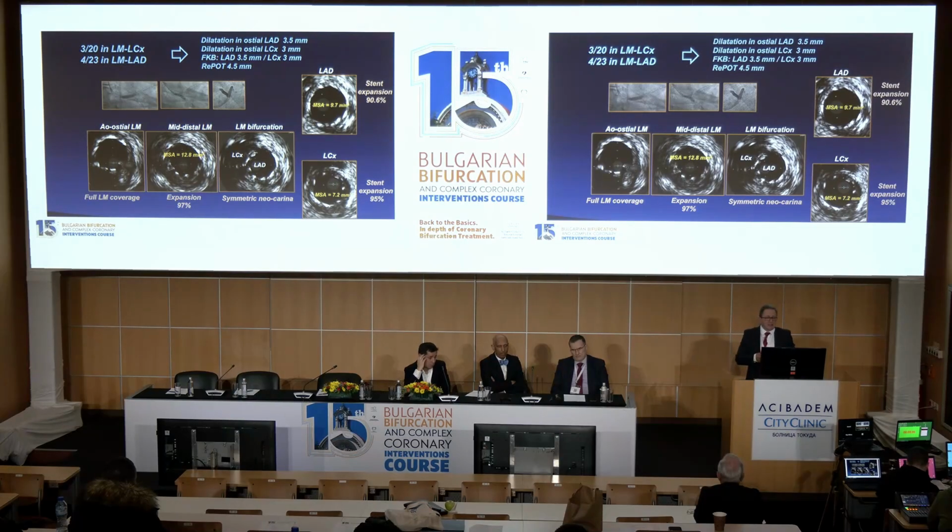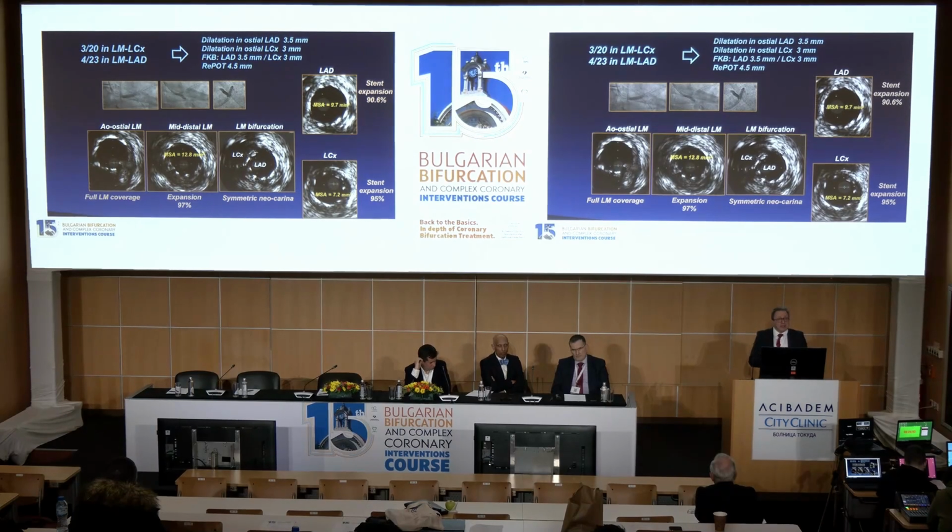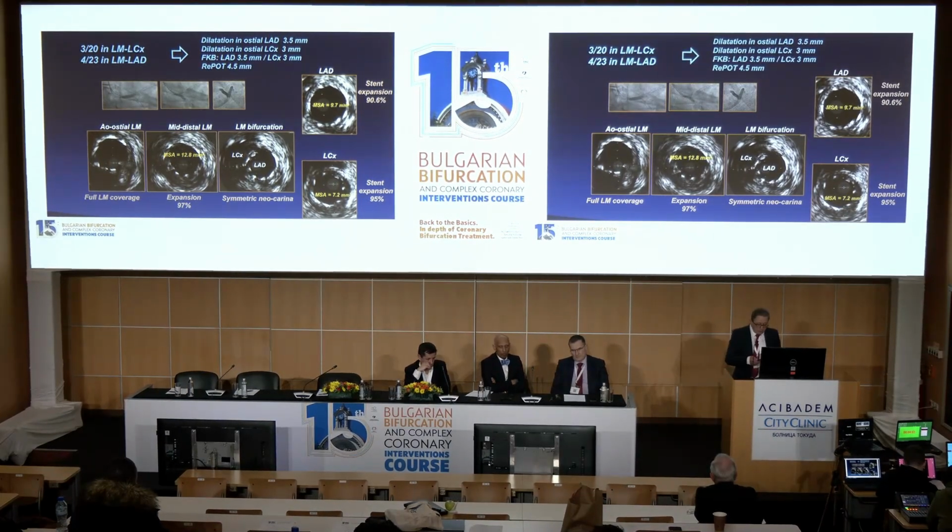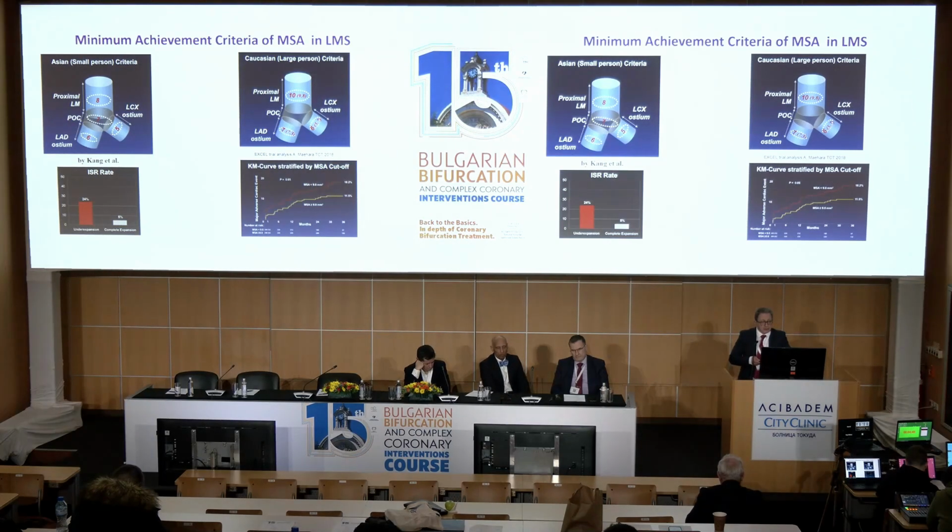Based on that, we have to test the results after first implantation, redilating or using additional stents, for example, for edge dissections or intramural hematoma. We have to keep in mind that based on IVUS, we have some important numbers to assess whether our results are optimal or not.